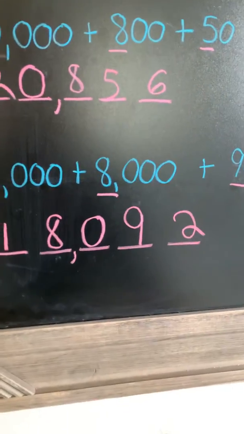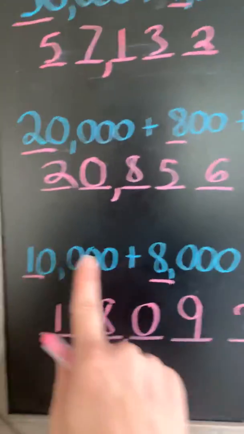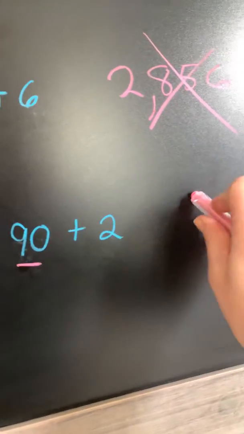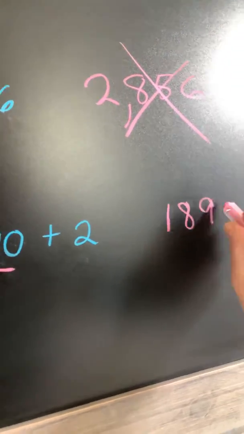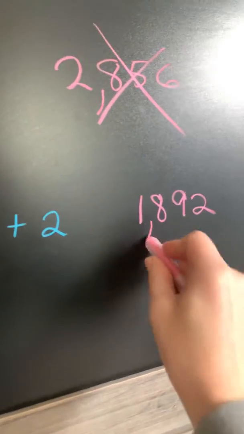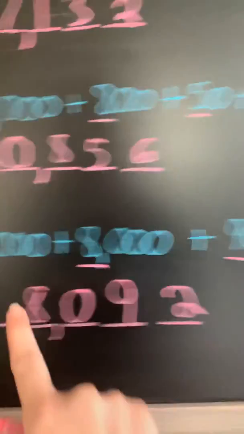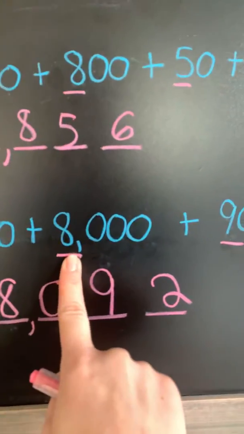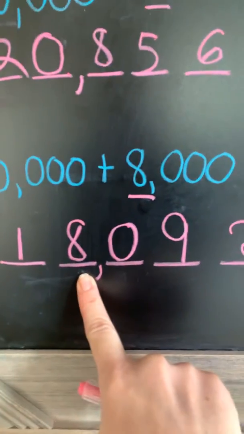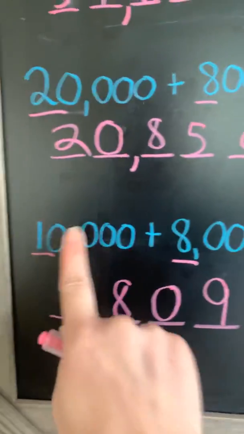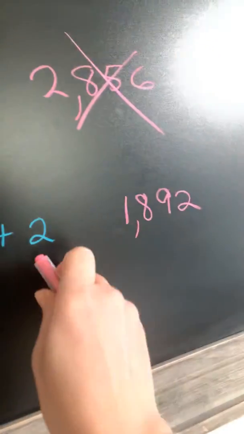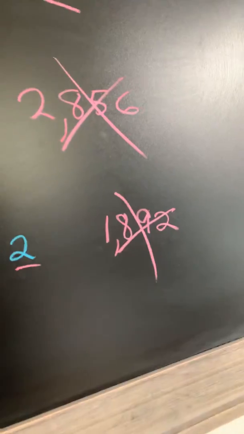So again, if you try to just go 1892, what you've created is 1,892, but we don't want 1,800 because this is 10,000 and 8,000. You need 18,000. So again, don't just get the first digit and write it over here. That does not work.